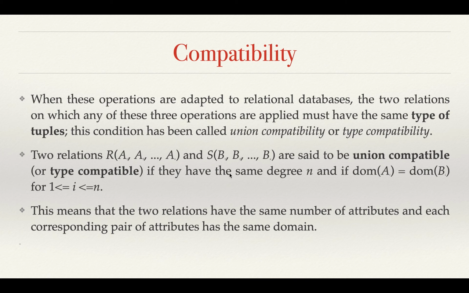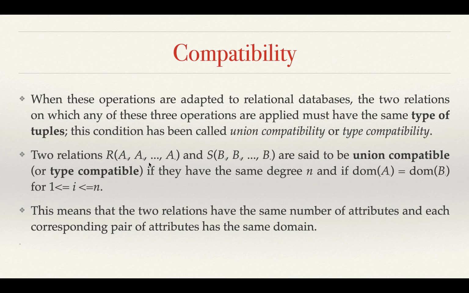If they have the same degree, that is, the number of attributes in both R and S should be the same, and if the domain of A is equal to the domain of B for all attributes, then we can say that it is union compatible. By domain, you mean the data type or the domain constraint.